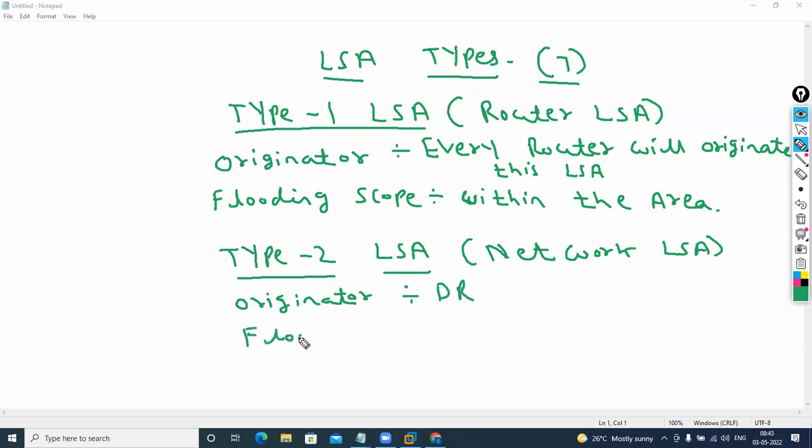What is the flooding scope? Within the area. Done.